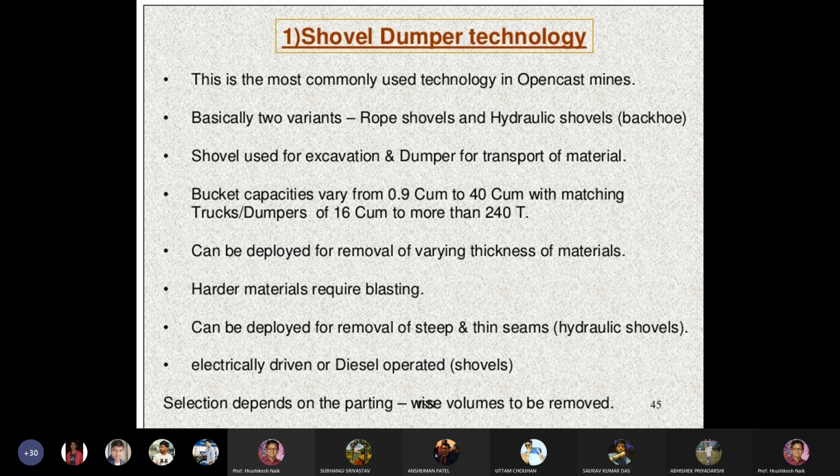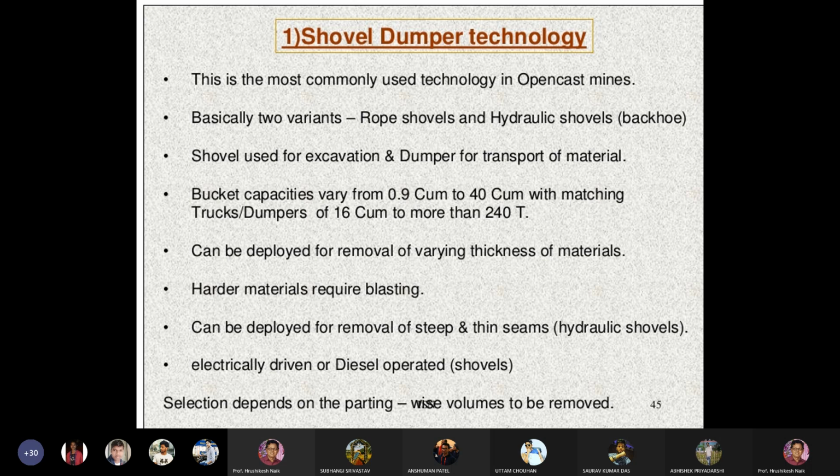Bucket capacities may vary from 0.9 cubic meter to 40 cubic meter with matching trucks, dumpers of 16 cubic meter to more than 240-ton dumpers are also there. It can be deployed for removal of varying thickness of material.